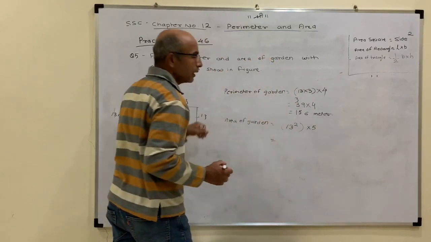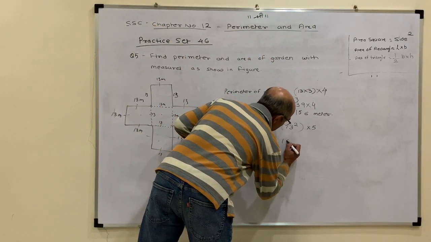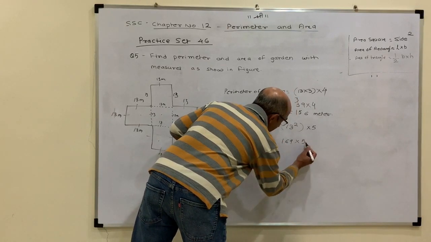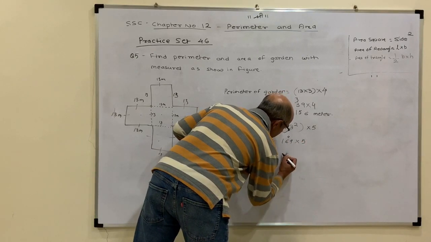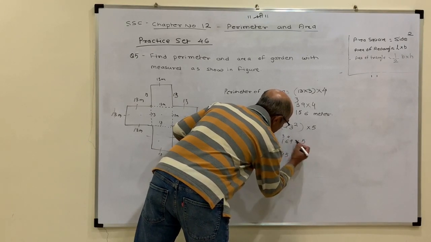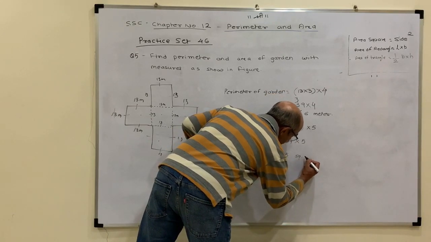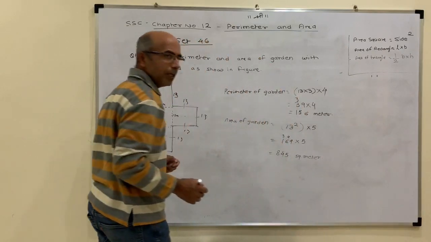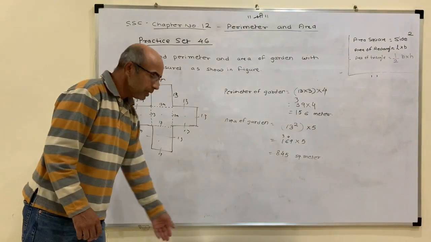The square of 13 is 169 into 5. 5 nines are 45, 5 sixes are 30, 34, 5 ones are 5 plus 3, 8. 845 square meter is the total area of the garden.